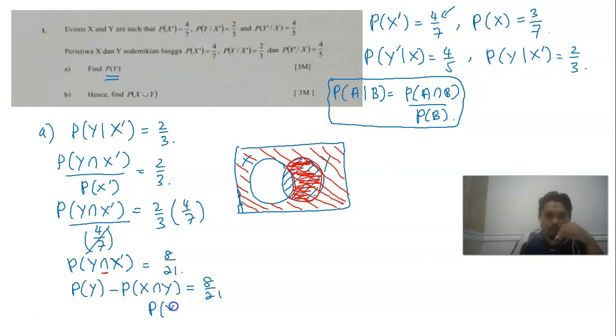So the probability of Y equals 8 over 21 plus the probability of X intersect Y. This is equation 1.